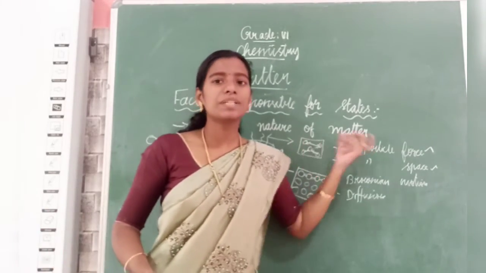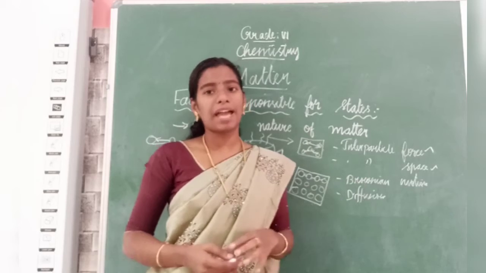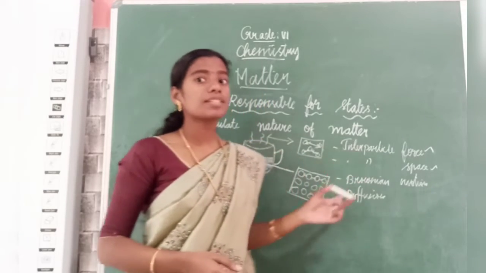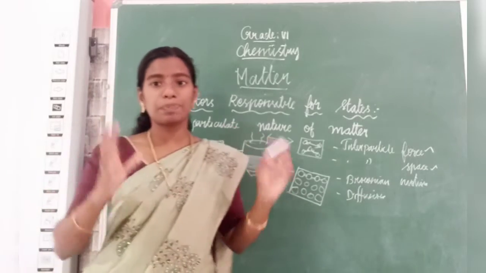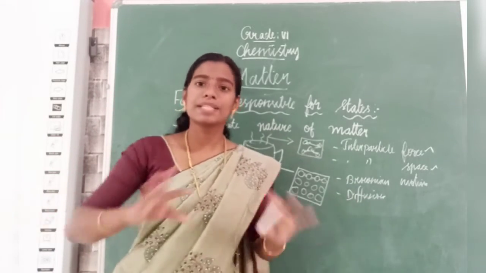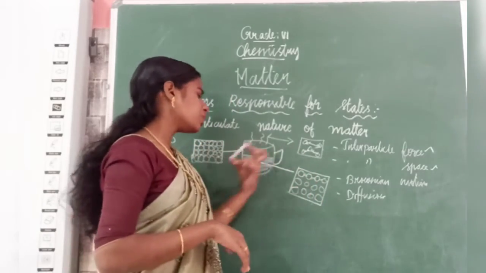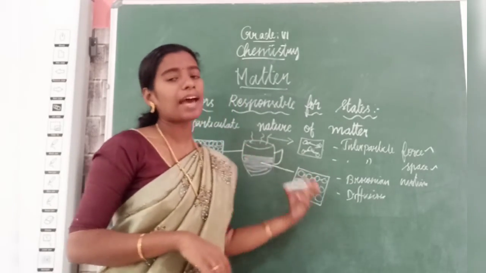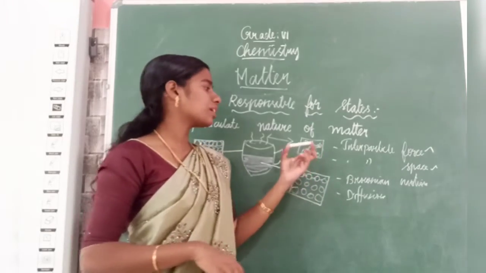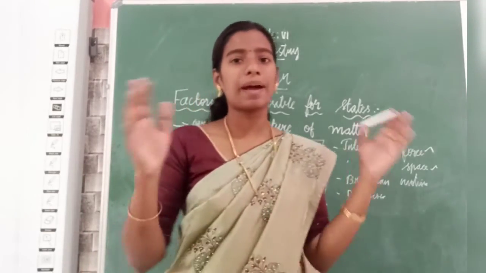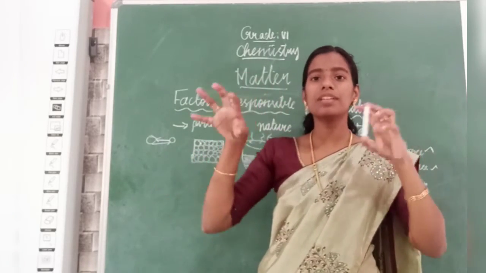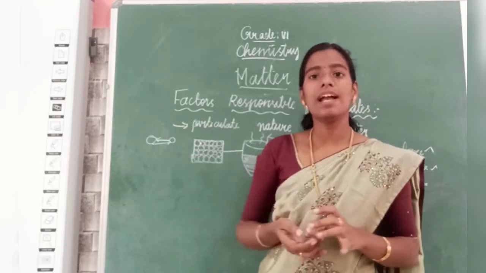The space between two atoms in a matter is called interparticle space. In solids, interparticle space is very low. In liquid, it is higher than solid and lower than the gaseous state. In the gaseous state, the interparticle space is high. The distance between two atoms is very high.